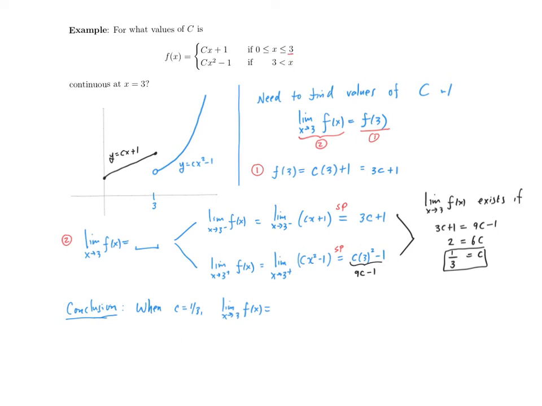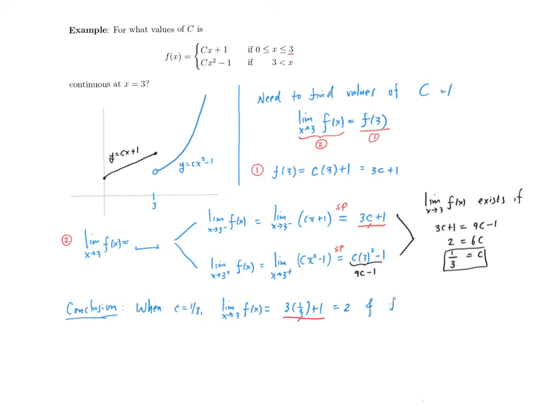And it doesn't matter if you choose the left or the right limit definition, because this c value is the only value where those two things agree. So this would be 3 times c plus 1. And note this 3 times c plus 1 is coming from this limit as we approach 3 from the left, which is equal to 2.